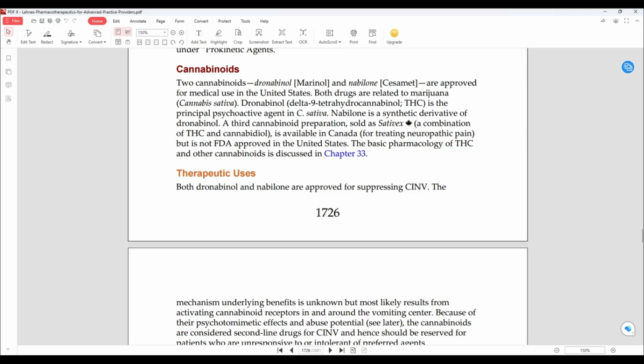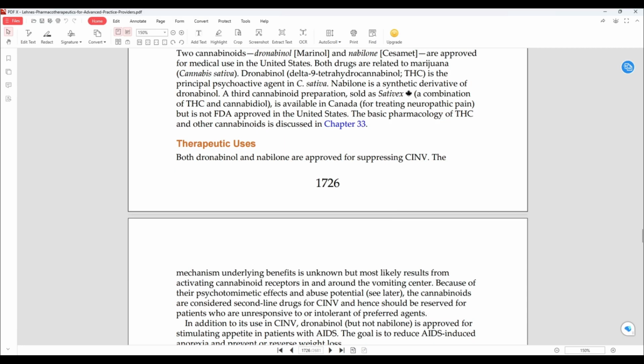Nabilone is a synthetic derivative of dronabinol. A third cannabinoid preparation sold as Sativex is available in Canada for treating neuropathic pain, but is not yet FDA approved in the United States when this book was released. The basic pharmacology of THC and other cannabinoids is discussed in Chapter 33.